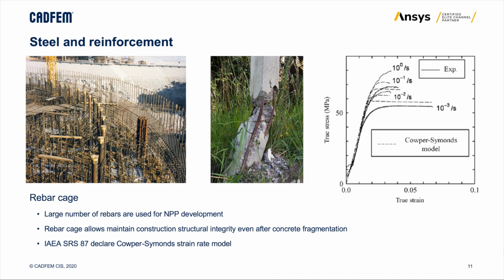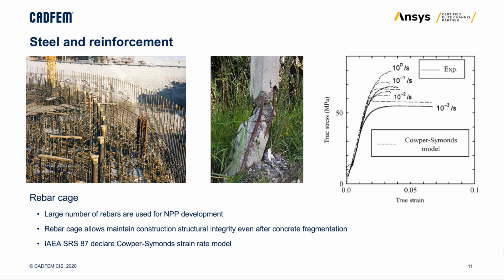This cage allows the structure to maintain its structural integrity even after concrete fragmentation. The International Atomic Energy Agency declared to use the Cowper-Symonds strain rate model for simulation of reinforcement inside concrete. We can easily implement this kind of model inside LS-DYNA.